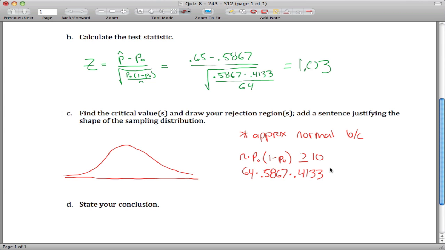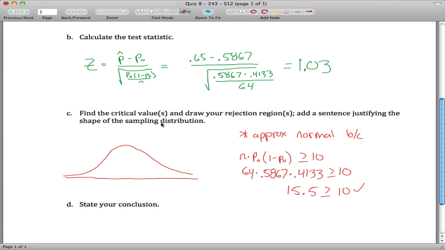And that's 15.52, let's call it 15 and a half, which is greater than or equal to 10. Awesome, this is approximately normally distributed, therefore I can do the rest of this problem.